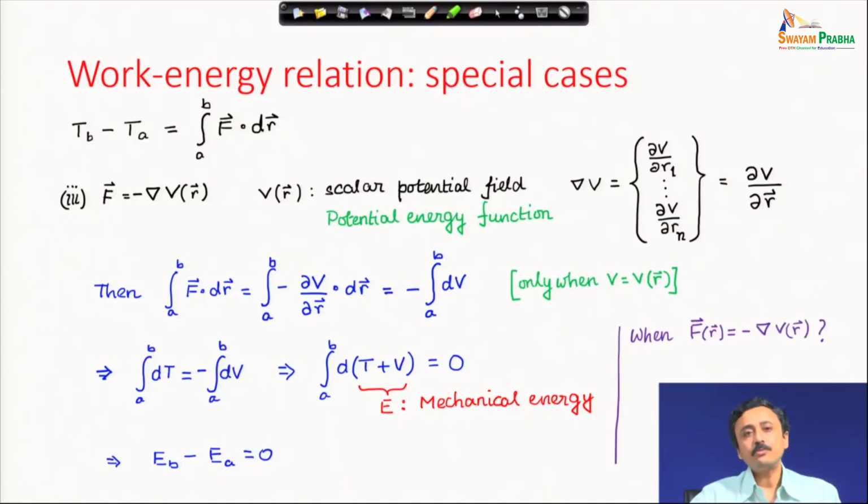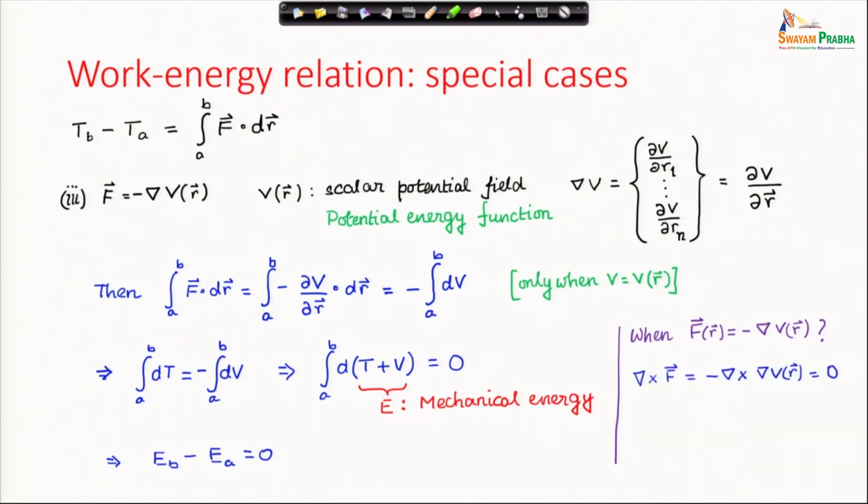Now, the question arises when this will happen. Suppose you are given a force field, a force vector at every location, then it is called a force field. When can a force field be represented as a negative gradient of a potential? This is a valid question.